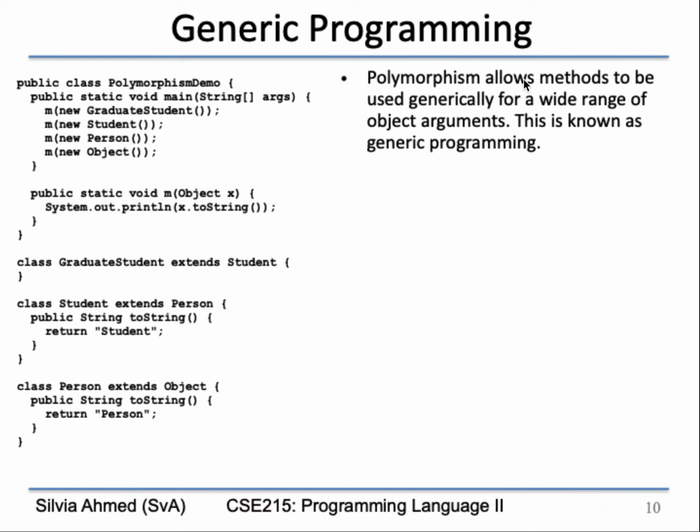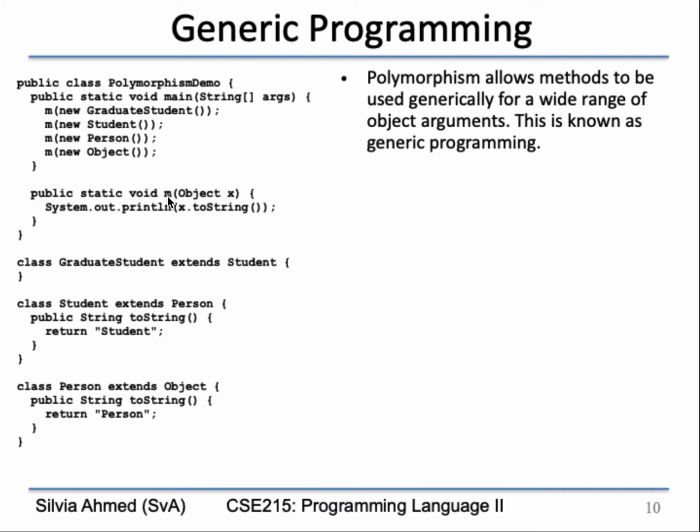Polymorphism allows methods to be used generically for a wide range of object arguments. This is known as generic programming. For example, if we did not have polymorphism, then we would have to write the M method several times, every time for a different parameter type.